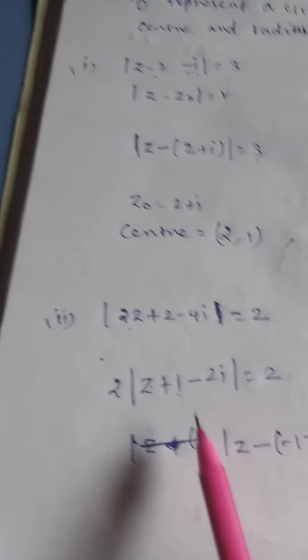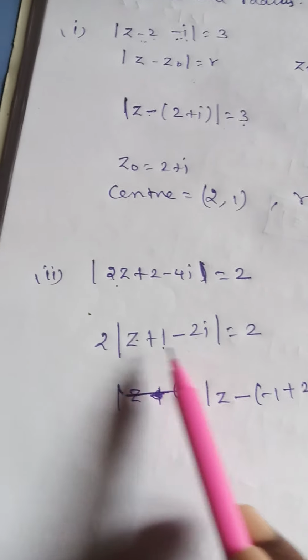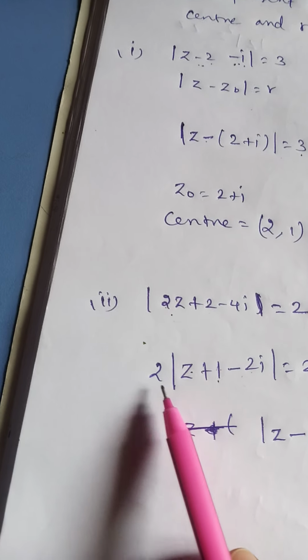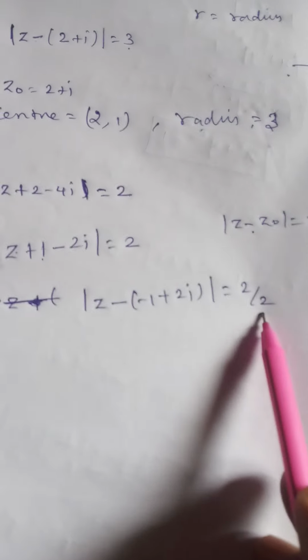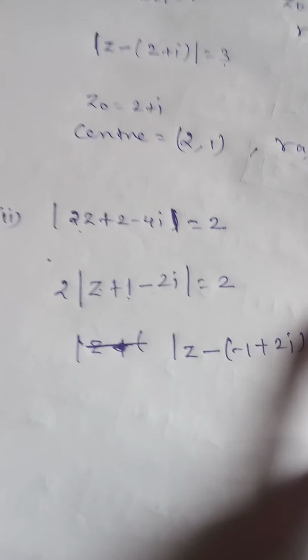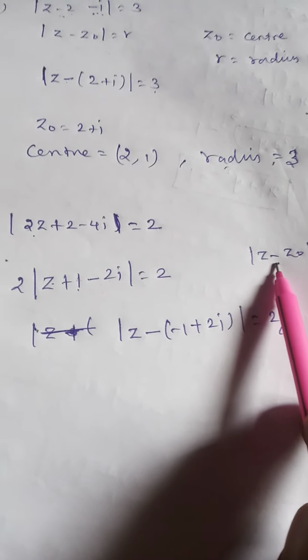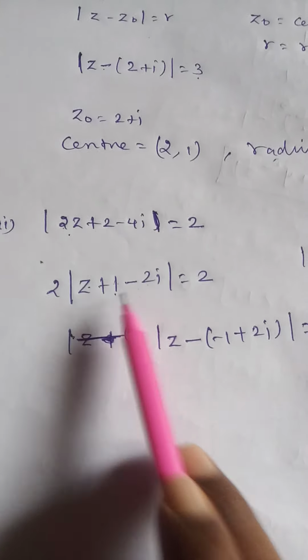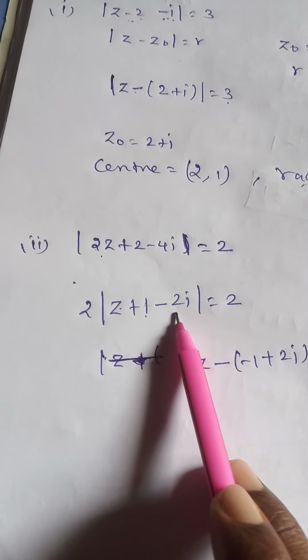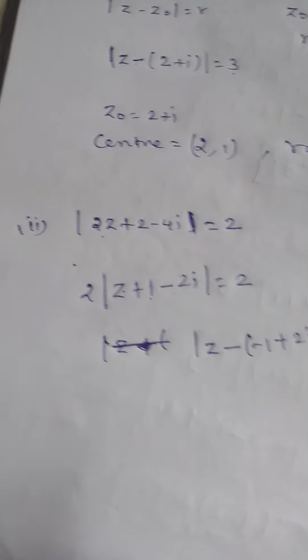Listen student, once again: 2 is common, 2 times (z plus 1 minus 2i) equal to 2. Next, divide the right hand side by 2, then inside change to the format z minus z naught. The 2 cancels.